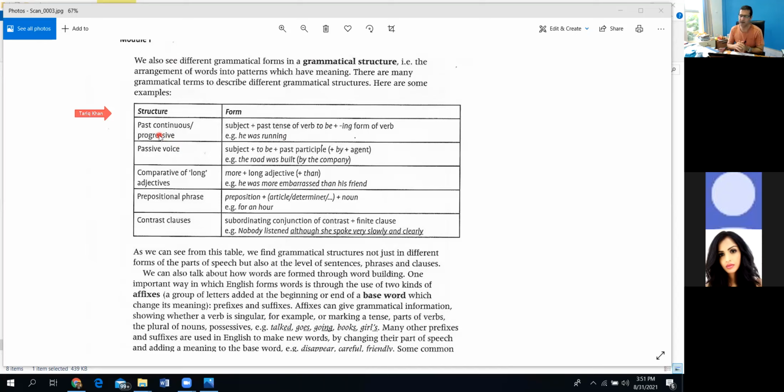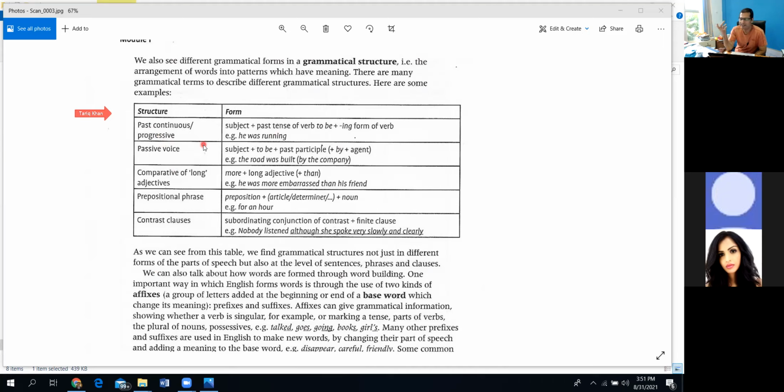You will find references in the glossary, or you can Google it easily. Lots of English language websites are there, the BBC ones, or the Cambridge ones. You can download material on grammar that is freely available. So you can check the form of it, or you can make your own.